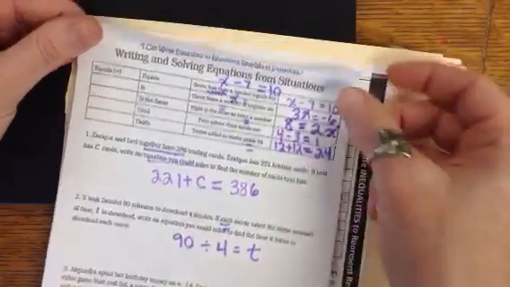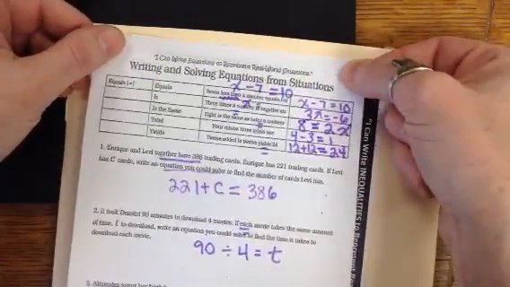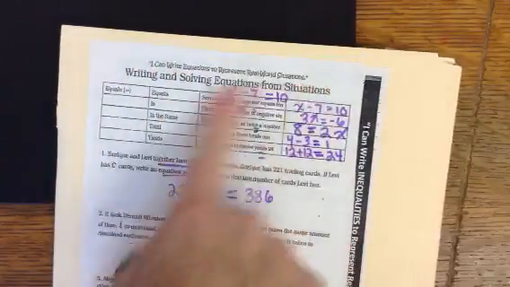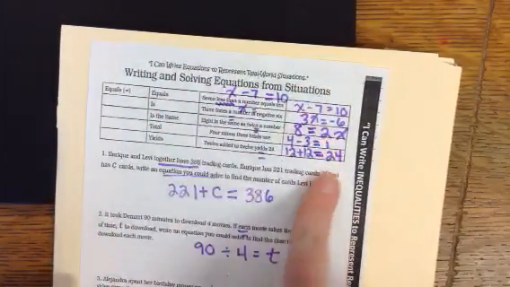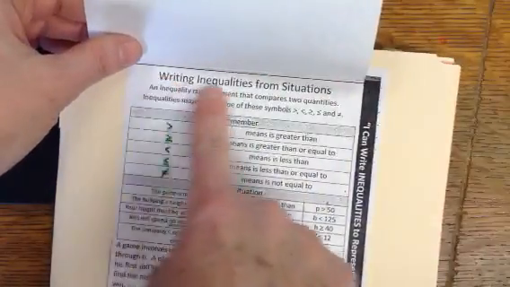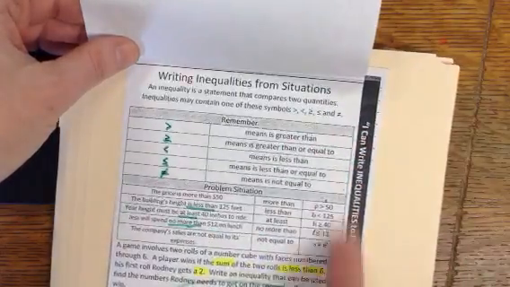I can write inequalities, so I'm just going to put it right on top. Okay, so this is the notes showing examples of writing equations from situations. And then if you flip it up, you should still be able to see these titles.